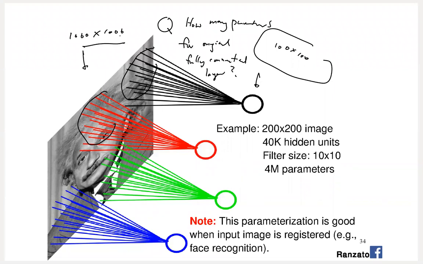From this layer to this layer, if I am doing a fully connected layer, approximately how many parameters are there?